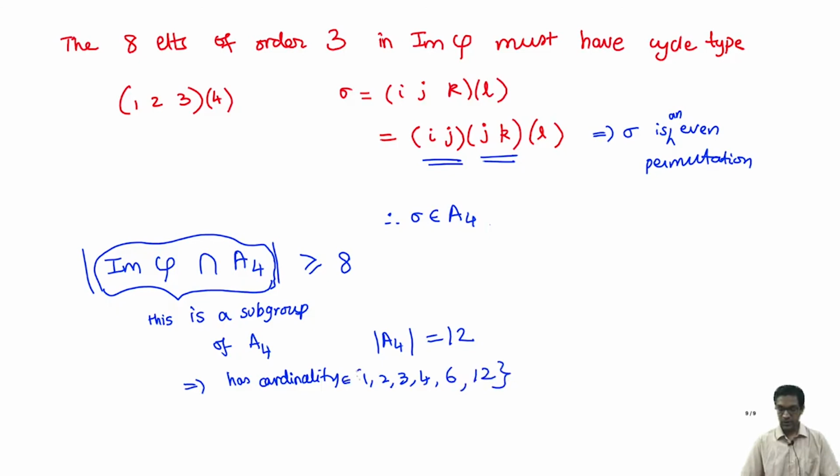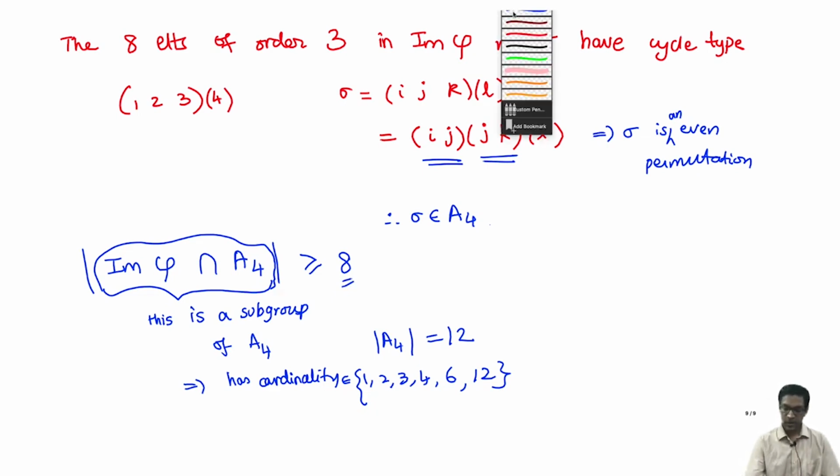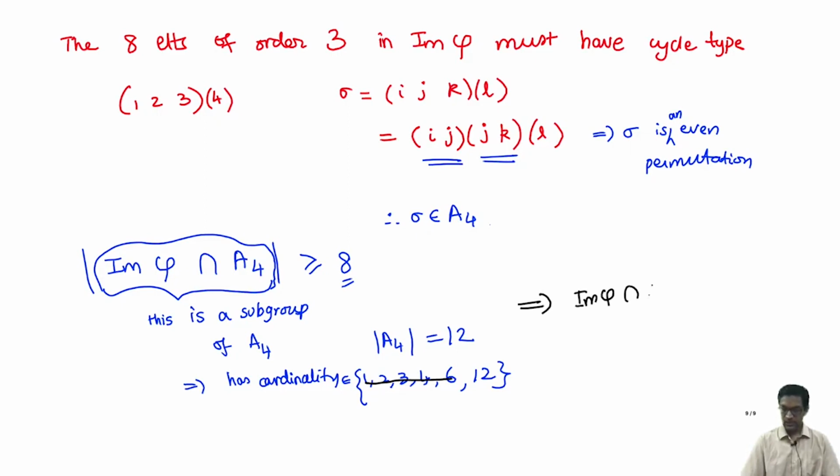But we know it's at least 8 because of the previous argument, which means that all the other possibilities don't exist. None of these is possible. The cardinality has to be actually 12. This means that image phi intersection A4 has cardinality 12. In other words, image phi intersect A4 equals A4.